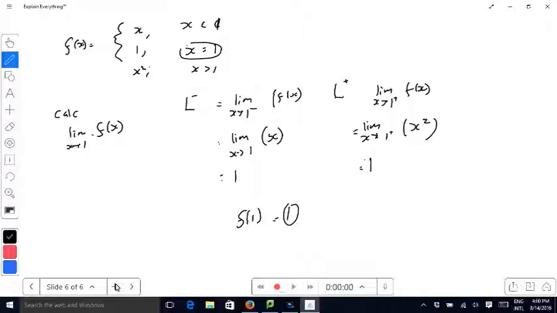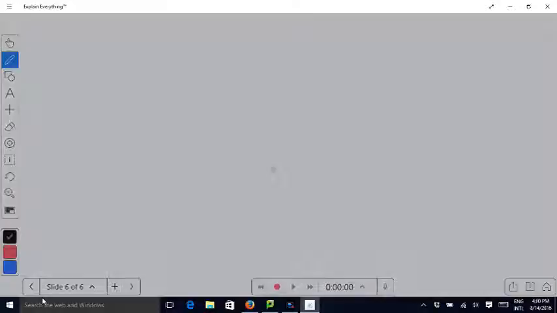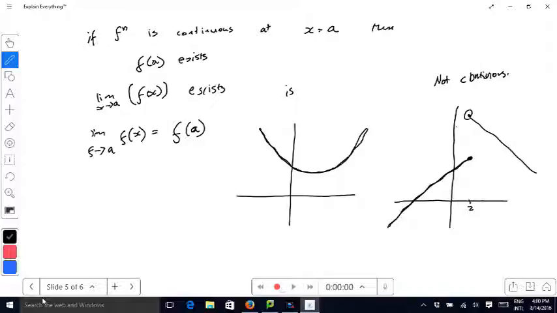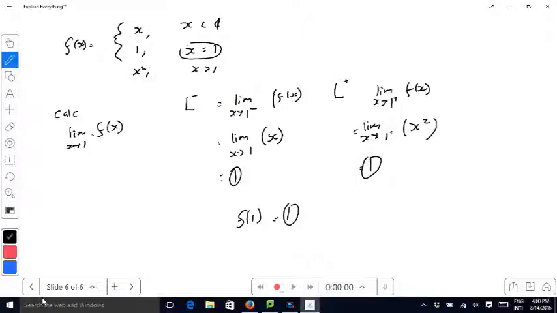So because all three values are the same, essentially what I'm saying is f of a exists, the limit of f of x as x approaches a exists, and it equals f of a. So because all three are equal, I can say that it is continuous, which lends itself to part B.